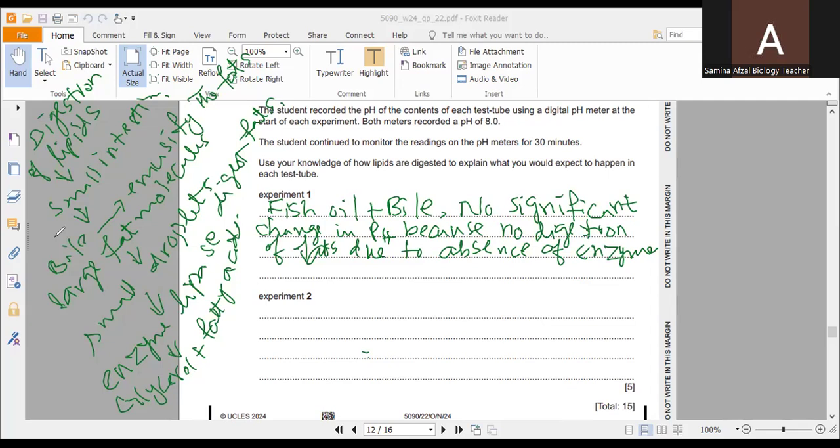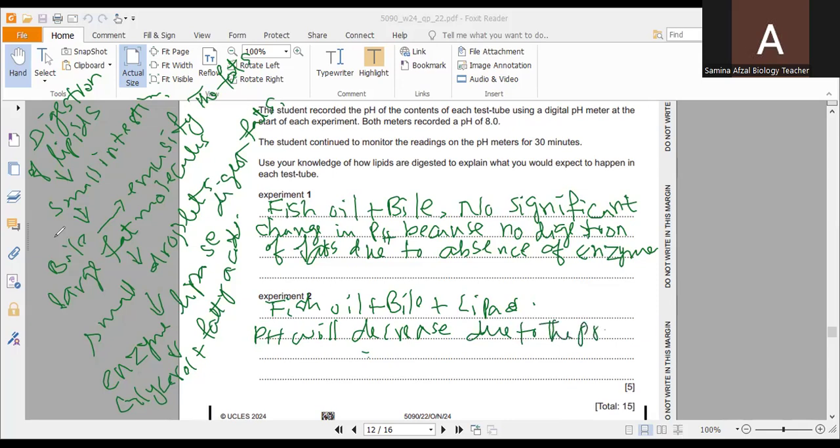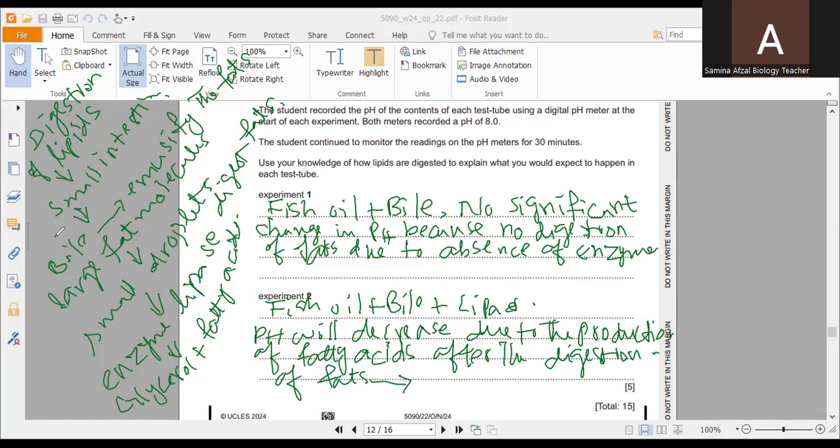Whereas in the other, there is fish oil plus bile plus lipase. The pH will decrease because of the production of fatty acids after the digestion of lipids into fatty acids and glycerol.